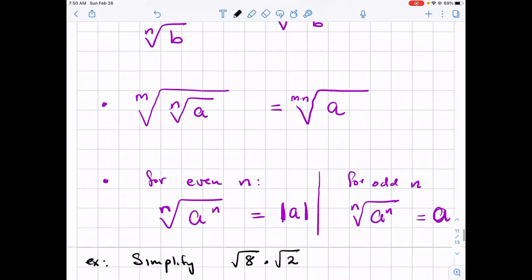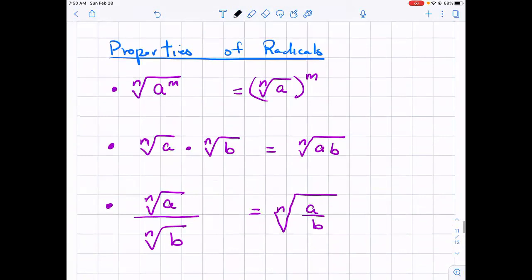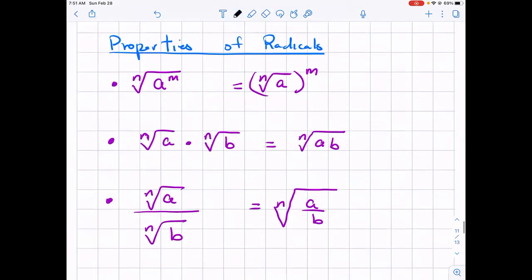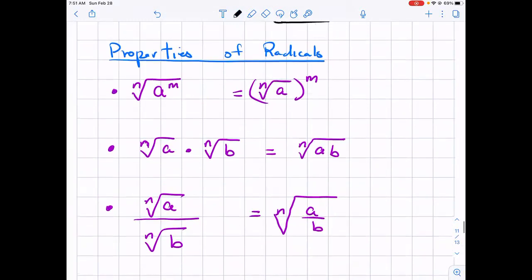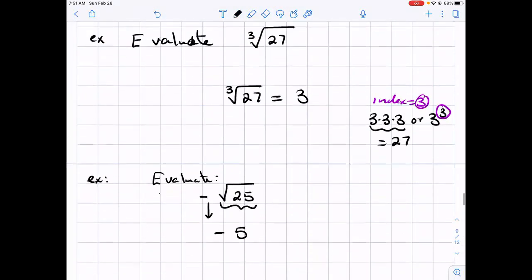And notice this is using a property. If you look back at this property, where do I have that? This one here.